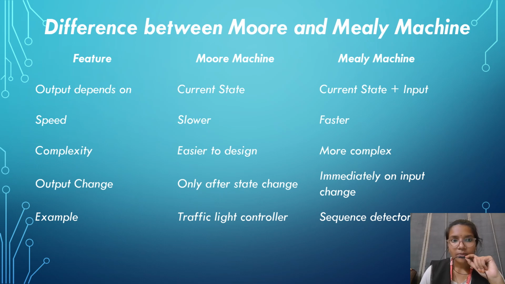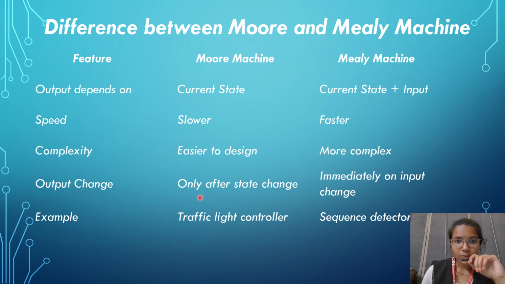If we talk about the difference between Moore and Mealy machines, in Moore machines output depends only on current state. In a Mealy machine, output depends on current state as well as input. Moore machines are slower. Mealy machines are faster. Moore machines are easier to design, but Mealy are more complex.